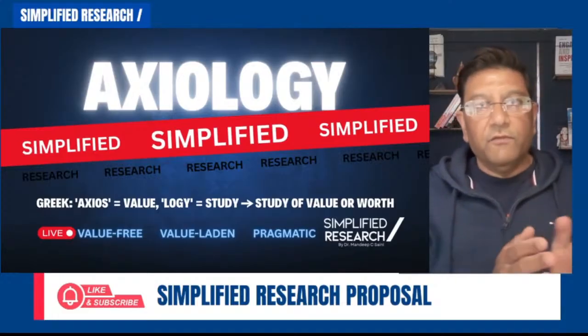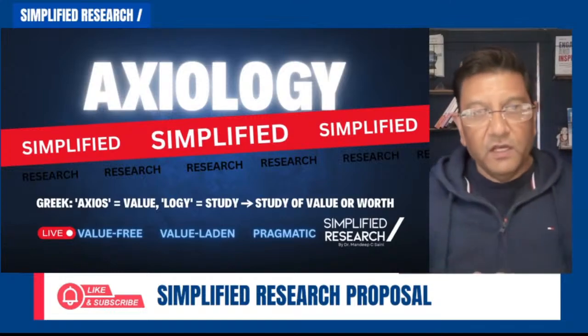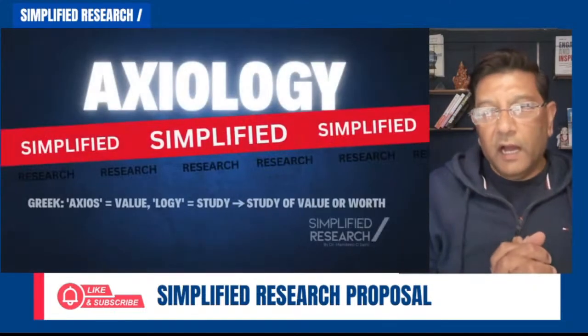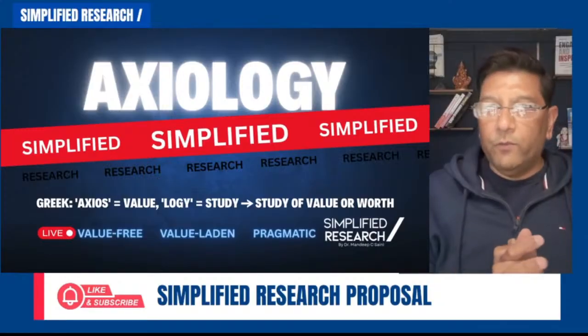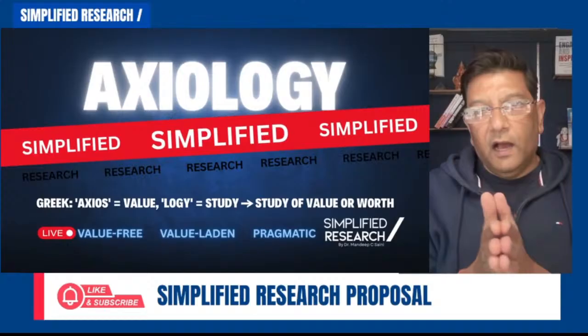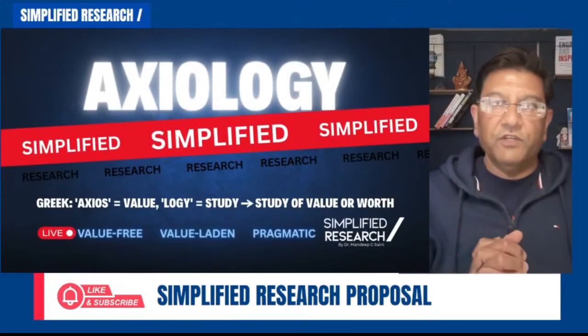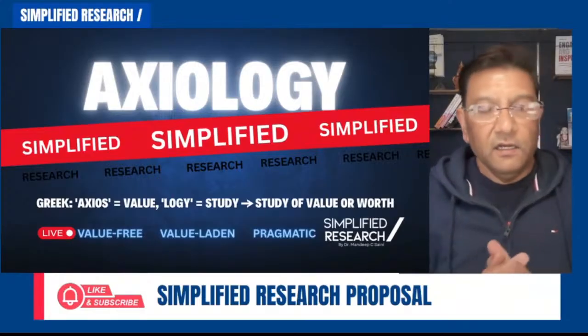Based on if you are asking people, then it could be relativism. So based on all those, are you putting your own value? Are you manipulating the data? Are you navigating your own outcome?